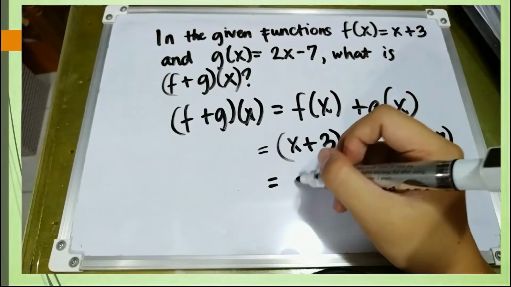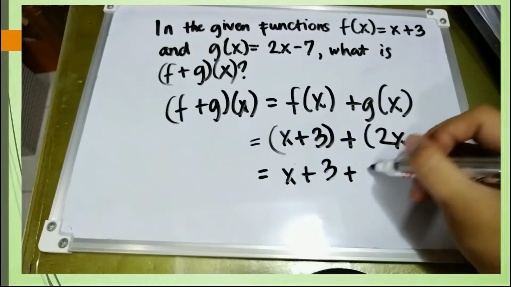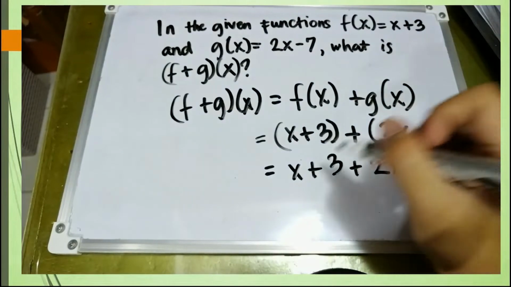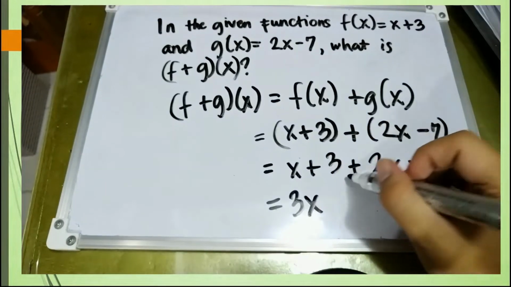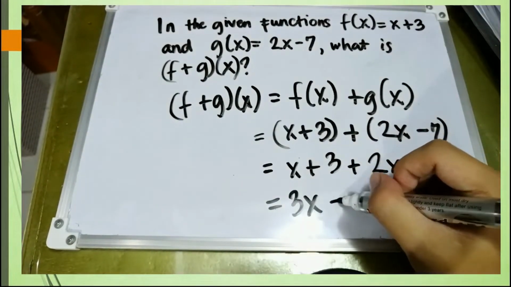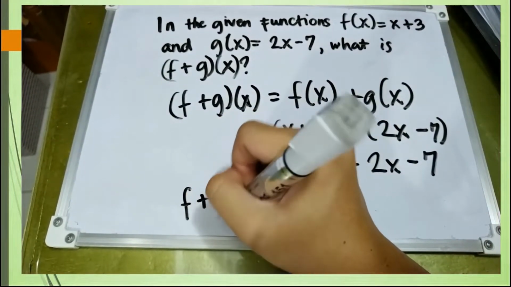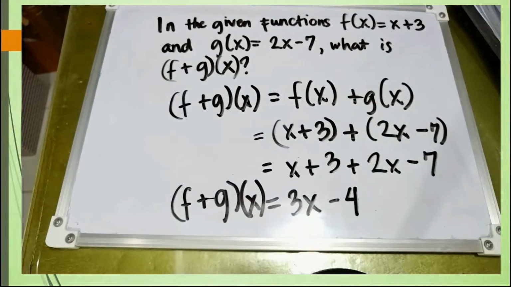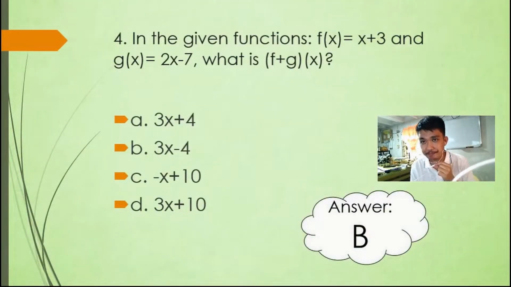So that would be x plus 3 plus 2x minus 7. Then we combine like terms. So x plus 2x is 3x. So 3 minus 7 is negative 4. So f plus g of x is 3x minus 4. Now the answer is letter B, 3x minus 4.